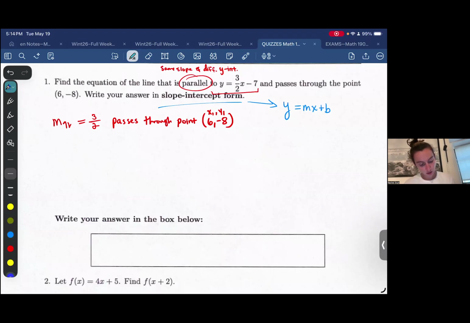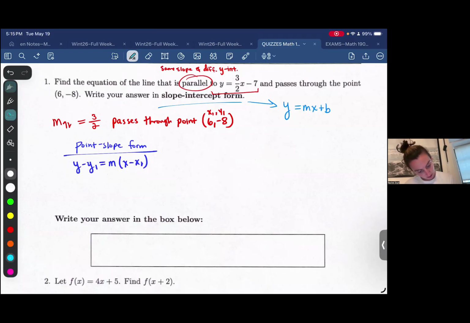But we first need to use our point slope form first, which is y minus y1 is equal to m in parentheses x minus x1. Substitute in the values accordingly. And then simplify.